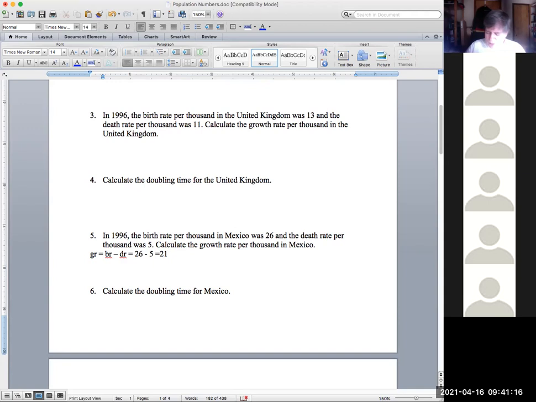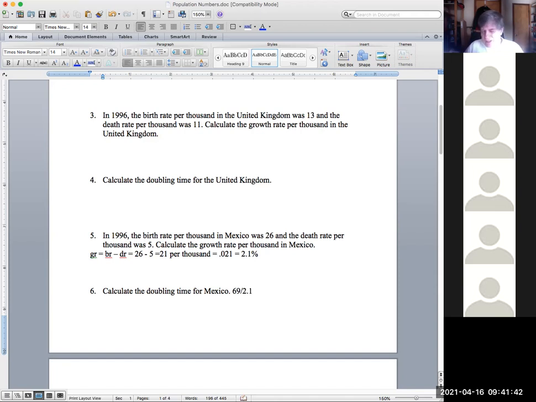So if we do our subtraction, the growth rate is 21 per thousand, or, if we want to think of the other ways we could express that, it's 0.021, or it's 2.1%. So what's the doubling time for Mexico?